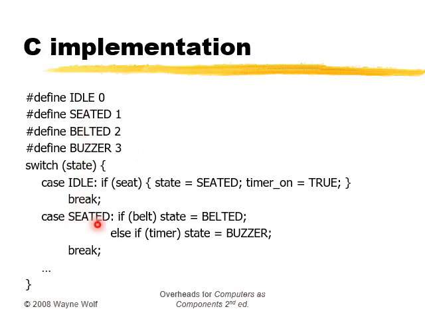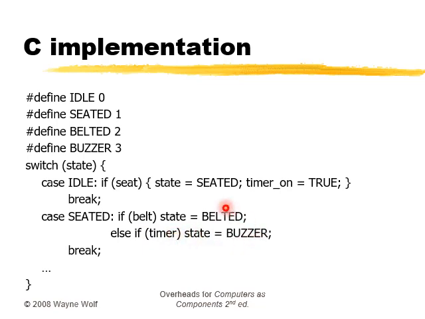Case seated. Now in case seated, we have seen in the previous figure that the next state is belted. So if belt, state is equal to belted, we will go to the next state, that is belted. If not, we will go to timer. Else if timer, state is equal to buzzer.